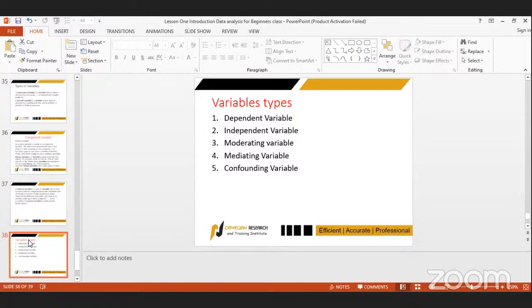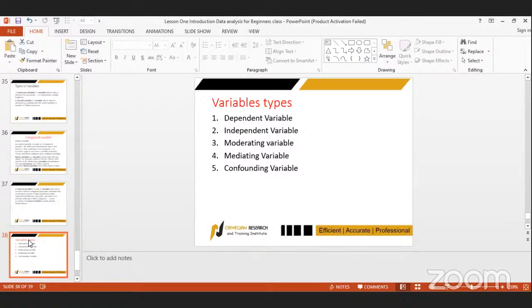And then the independent variable is what we manipulate. When I manipulate the independent variable, there is going to be a change in the dependent variable. So what the researcher manipulates is referred to as the independent variable. Then in between, we normally have what you call the moderating variable. The moderator is like a catalyst.